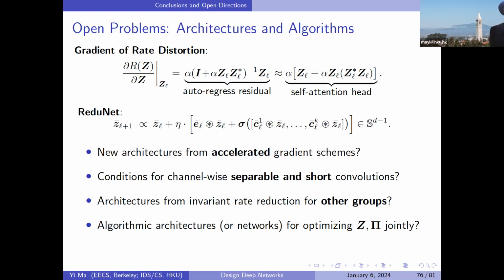Very popular, hundreds, thousands of papers published. People burned a lot of GPUs to look for better architectures. In the end, even these days, two survived: ReduNet and transformers. It turns out they're both trying to do residual attention. They're trying to approximate the gradient of the coding rate, just different names, slightly different approximations of the same quantity.